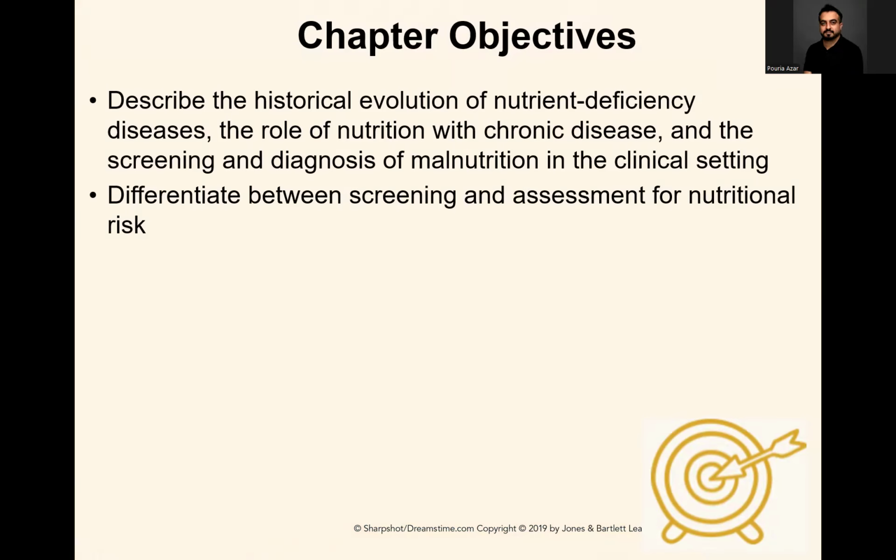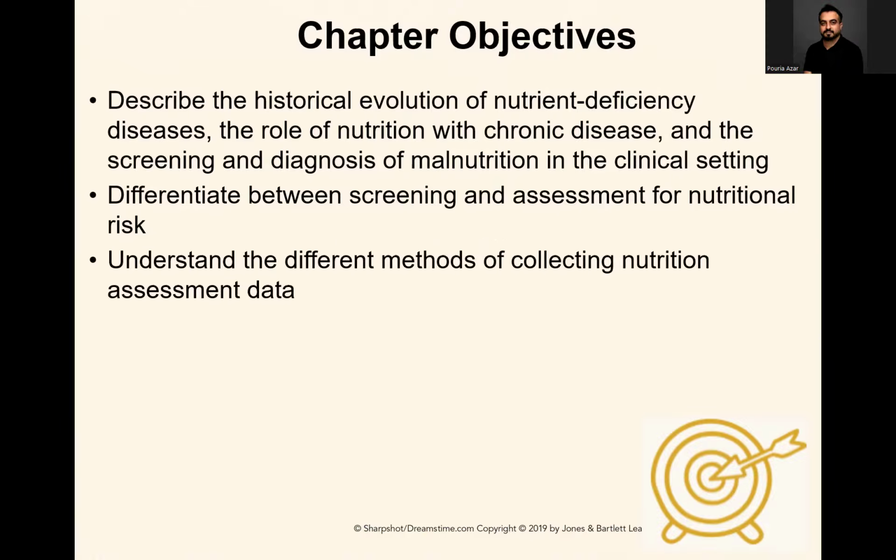And then we will define nutrition screening and nutrition assessment, and we will compare these two concepts with each other. And then we will understand the different methods for conducting nutrition assessment.